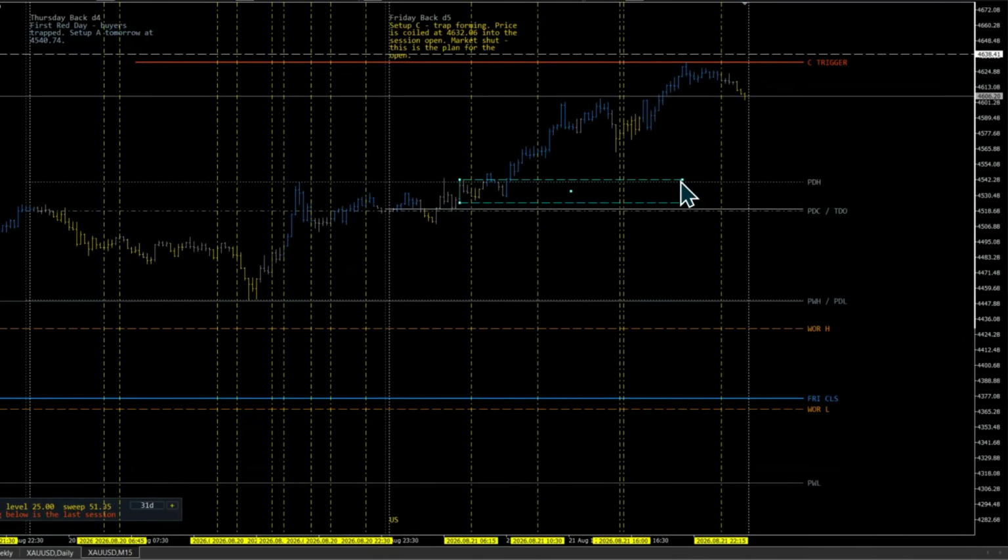I want to know which way we're going to break, because this is where it's all happening. That's your resistance, that's your support. You see the box breaking out, pulling back, and then going back up again.